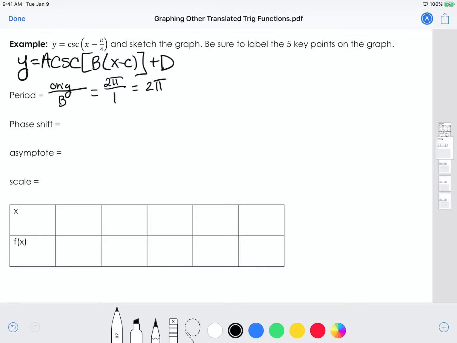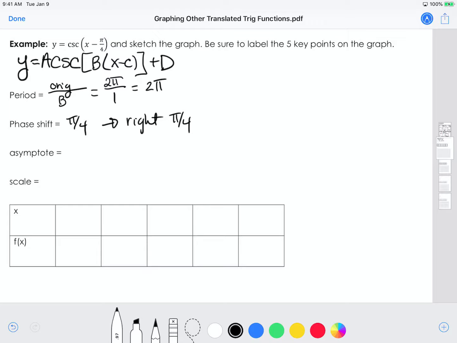Phase shift is going to be pi over 4, that's my value of C, and because it's a minus pi over 4 in the equation, that means it's going to go right pi over 4. So instead of starting at 0, we're going to shift it over to the right and start at pi over 4. I'm going to wait to go over the asymptotes here in just a minute.